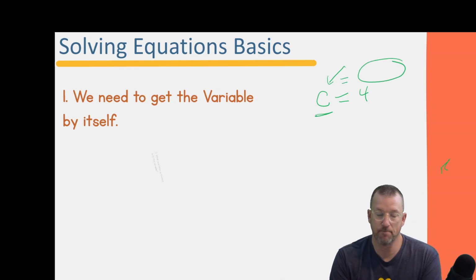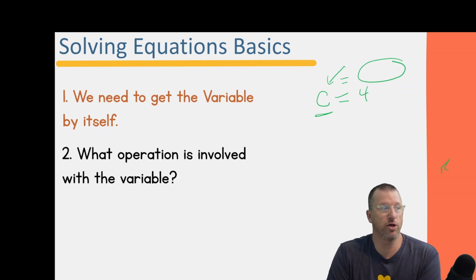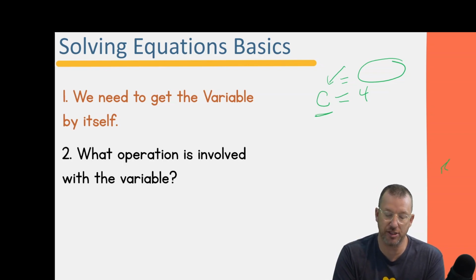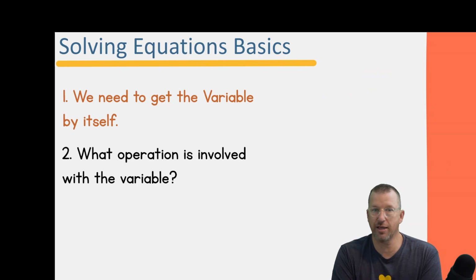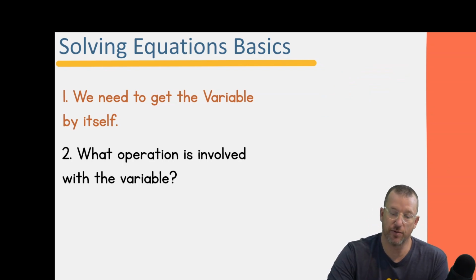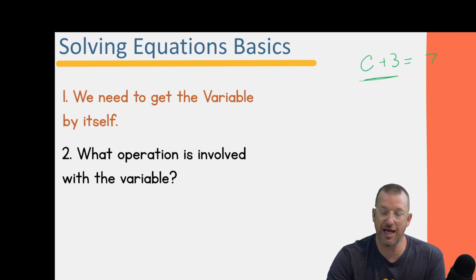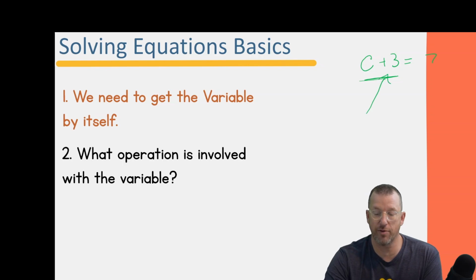So that's the key. Next, wherever the variable is, we want to see what is happening with that variable. When we say operation, we're asking if the variable is being multiplied, divided, subtracted, or added. If we had C plus 3 equals 7, we ask ourselves, on the side where the variable is, what operation is taking place?